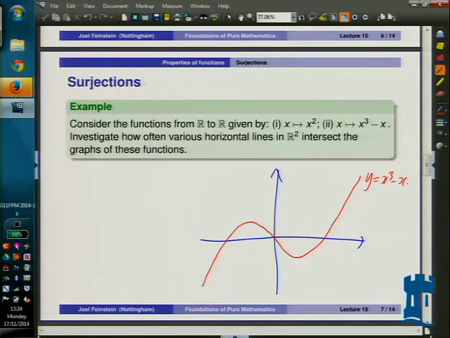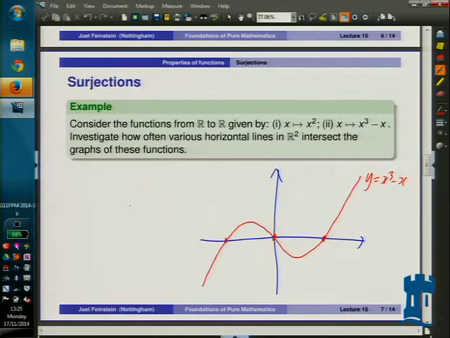You can put more details in here. We know what these three places where it crosses the axis are. You have to do a bit more work to find out where the stationary points are, but you can do that by a bit of easy calculus and find out the heights and so on. It's an odd function, so you have to rotate it around the origin to get from the right side to the left side.